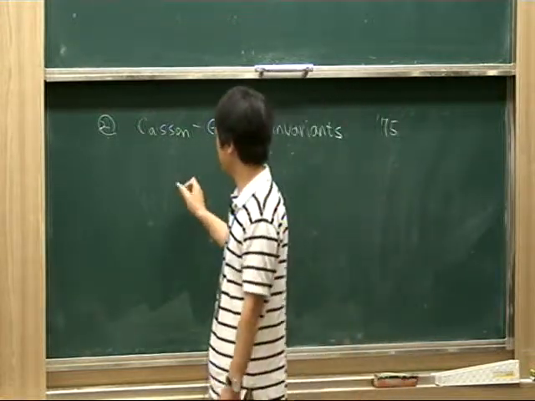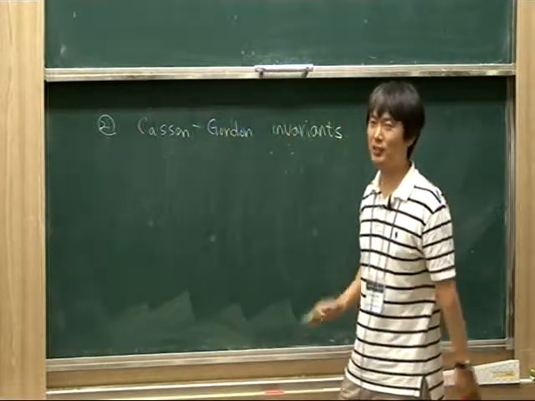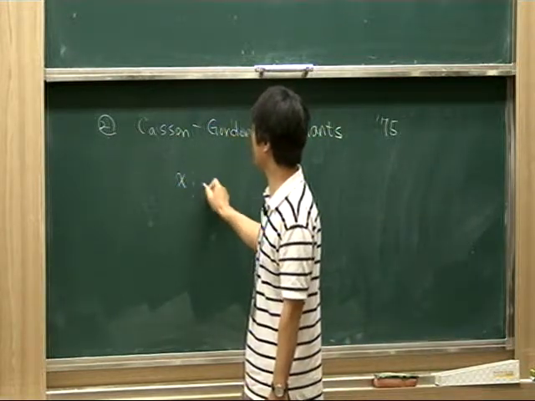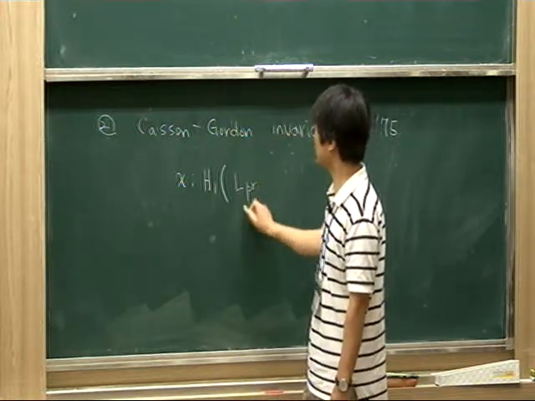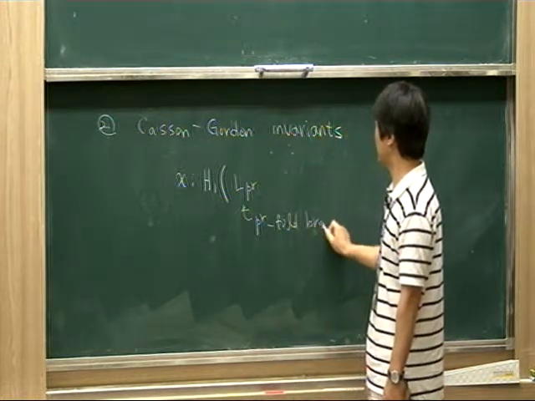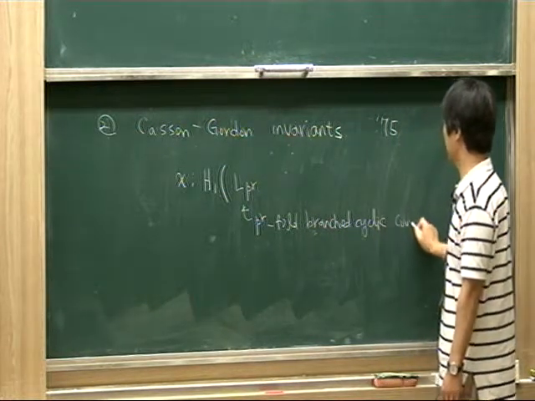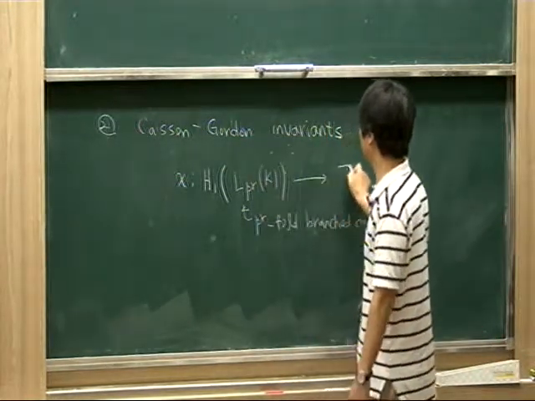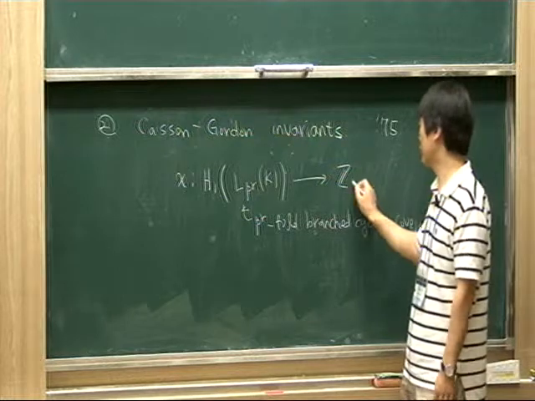Their invariant is somewhat complicated, so I'm not giving the precise definition, but the idea is that they used a certain character on the first homology of the r-fold branched cover, branched along the given knot, to a certain cyclic group of prime power order.